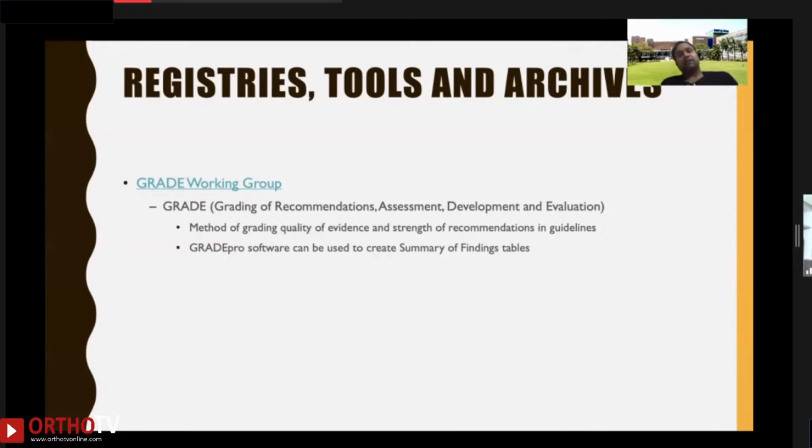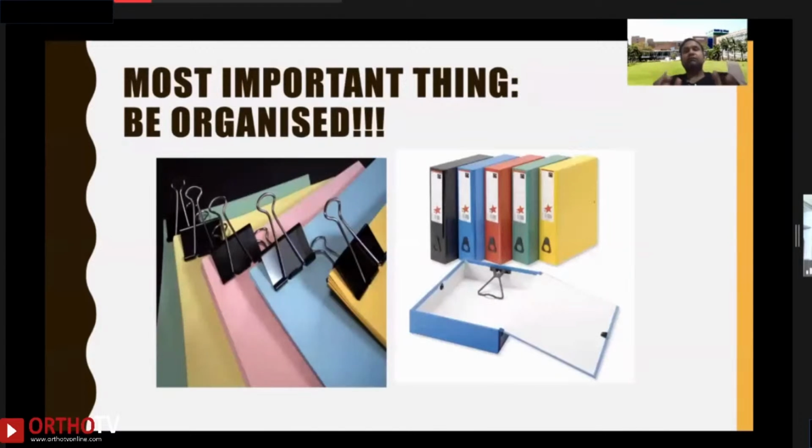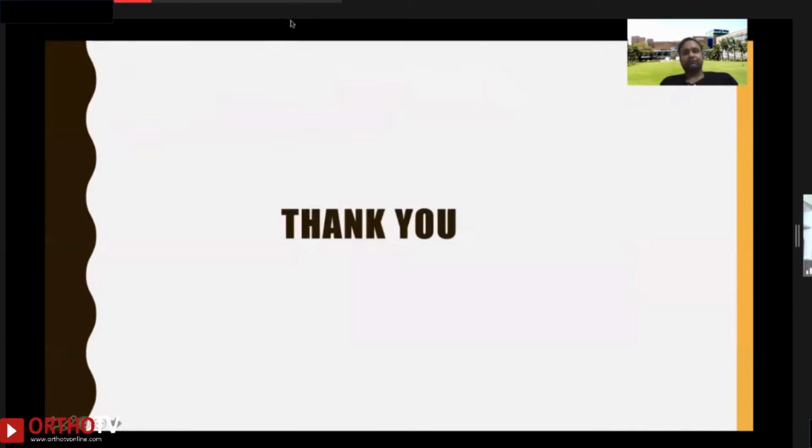Whatever data you have extracted, you can grade it and form recommendations based upon it, and there is software available for this. PRISMA and PROSPERO we have already discussed. The most important thing about systematic reviews is to be organized and follow your protocol, so that your systematic review is perfect and does not have any bias. Thank you.